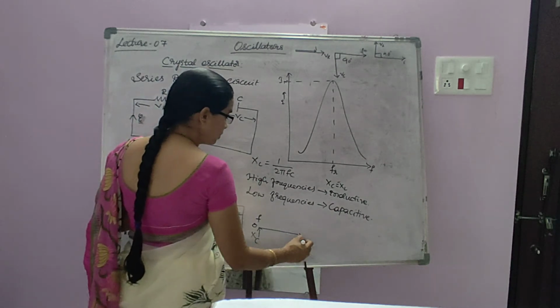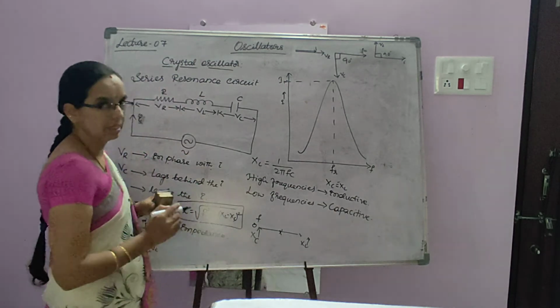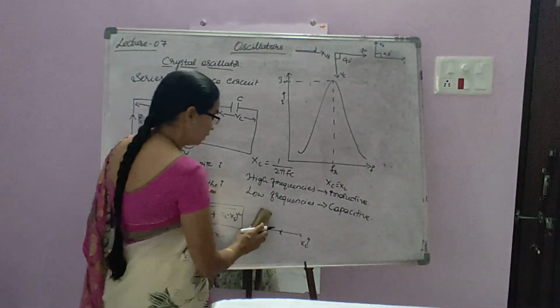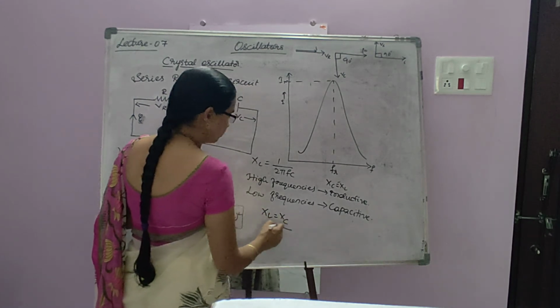At maximum frequency, XL will be maximum. At some intermediate frequency between these two, XL will become equal to XC.